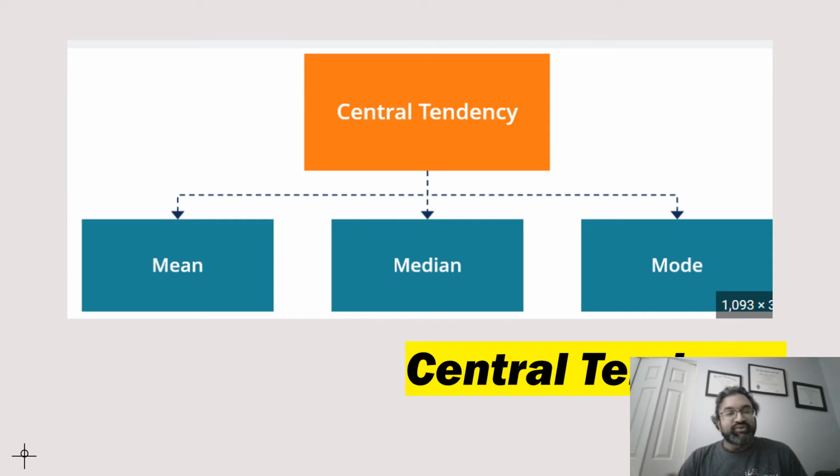Sometimes people say ordinal, which is kind of iffy, but I would say that's also continuous. Whenever you have a continuous variable, you can establish the mean.